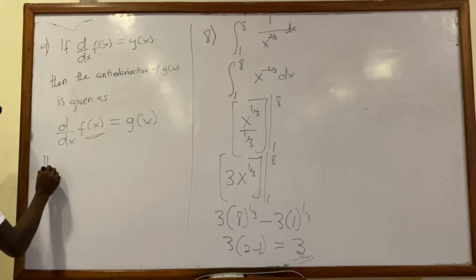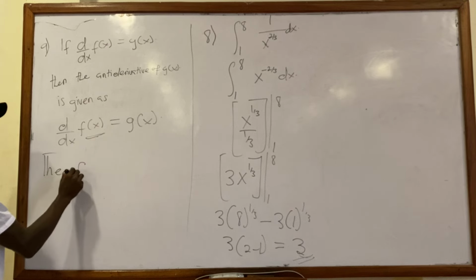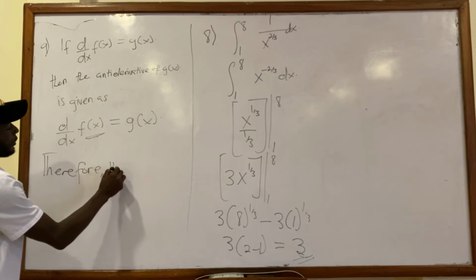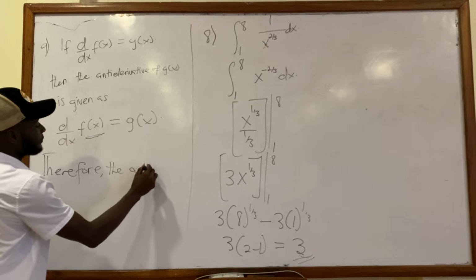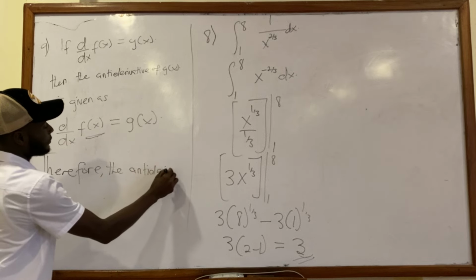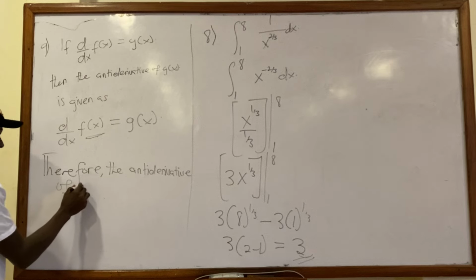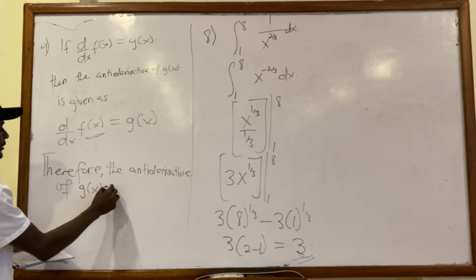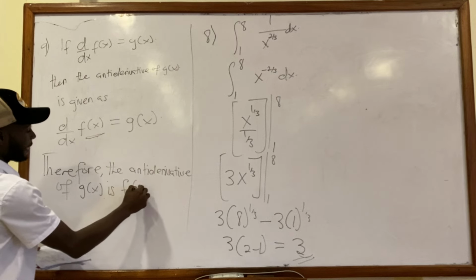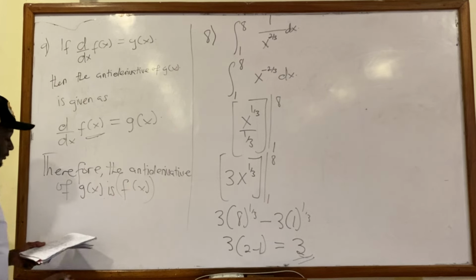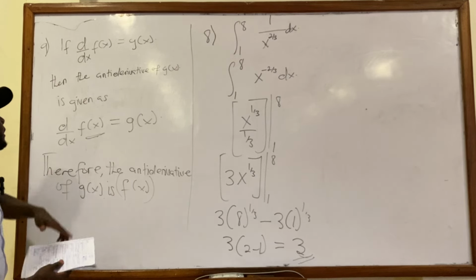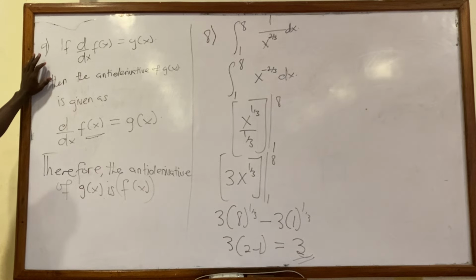Therefore, the antiderivative of g of x is f of x. So this is the understanding of this particular problem.